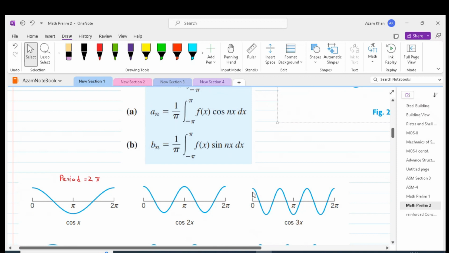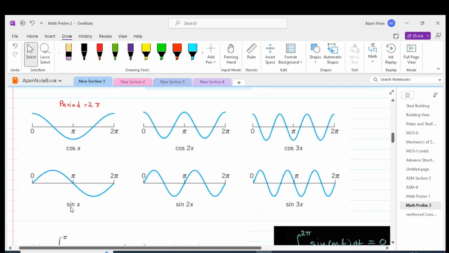Similarly, cos 3x has three cycles of the function within the period 0 till 2 pi. In the same manner, sin x is a sine wave between 0 till 2 pi. Sin 2x will have two sine waves within the period 0 till 2 pi. And sin 3x will have three sine waves within the period 0 till 2 pi.